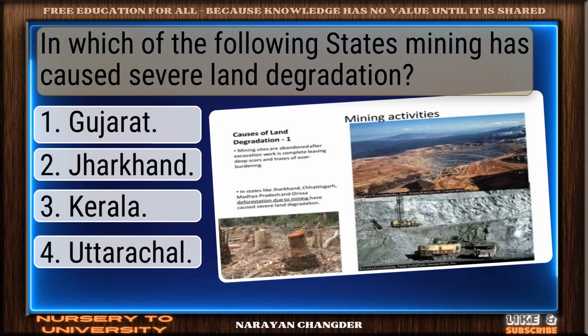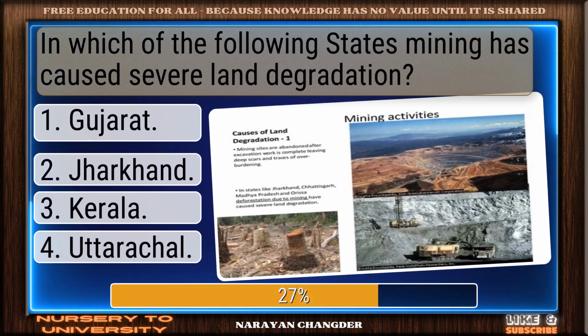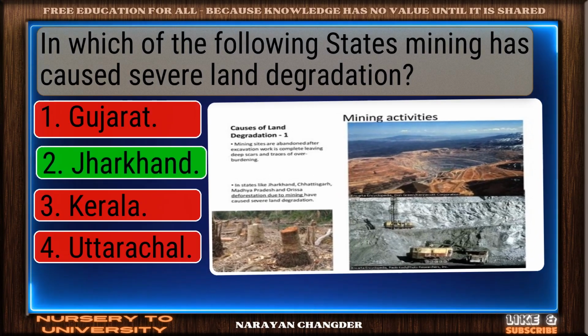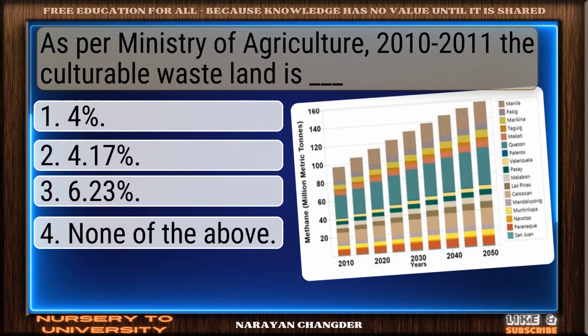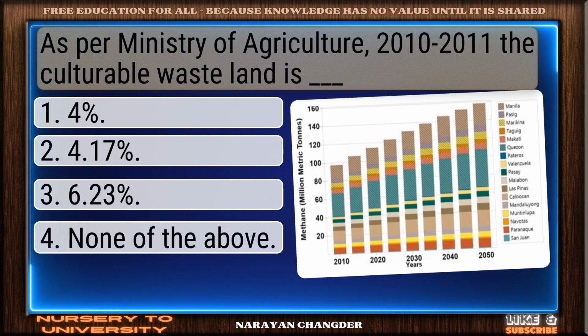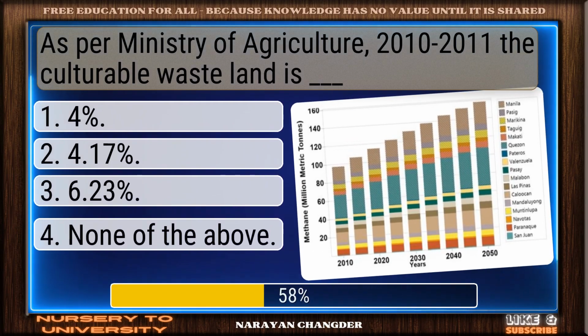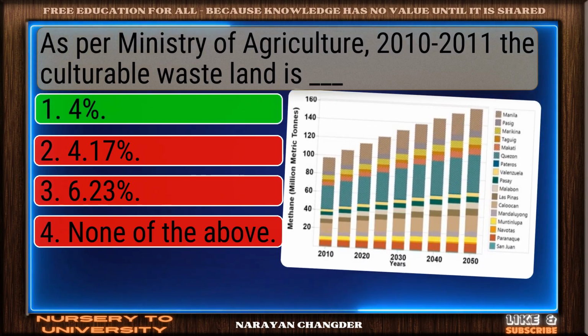In which of the following states has mining caused severe land degradation? Exactly. Jharkhand makes sense. As per the Ministry of Agriculture, 2010-2011, the culturable wasteland is dash. You're right. 4% is correct.